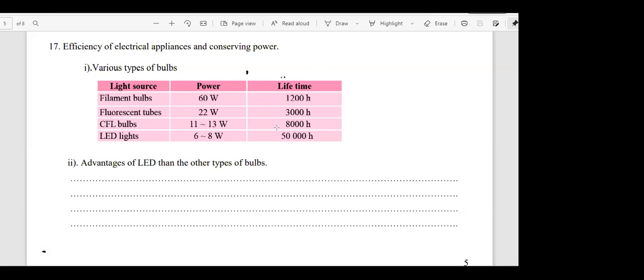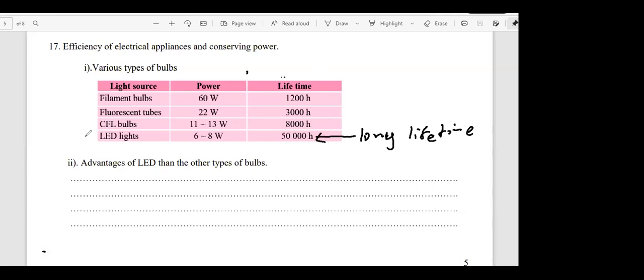For LED you can see 50,000 hours, long lifetime. You can put an arrow, even write long lifetime. That means what? When you use CFL, 8,000 hours, 8 into 4 is 48,000.